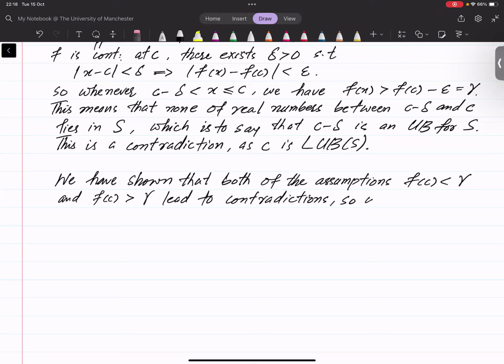So we conclude that f of c is equal to gamma as required. And we have proved one part.